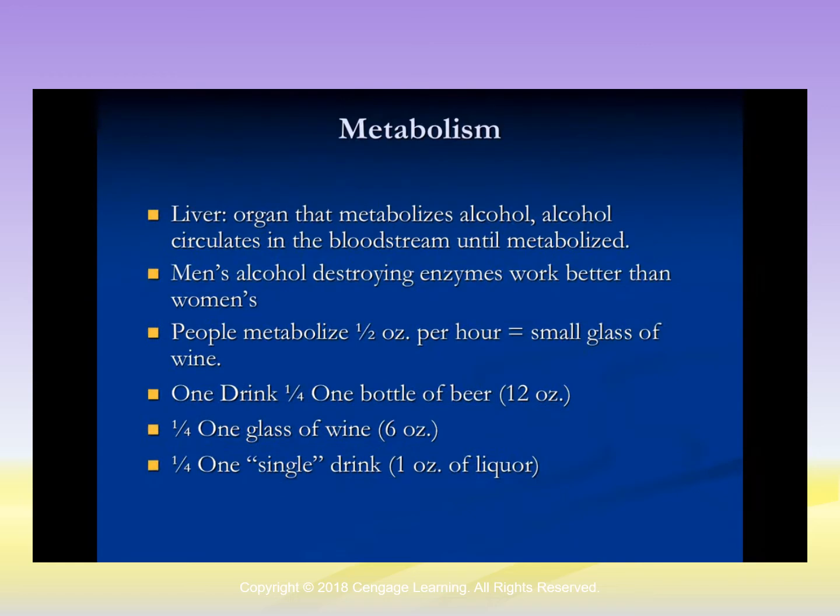So in general, we metabolize a half an ounce per hour, so like a small glass of wine. And a drink is not equal. Okay, so all of these we're looking at about 5.5 ABV content. So a drink would be a quarter of one bottle of beer, 12 ounces. Okay, one glass of wine, a single drink, an ounce of liquor, or some shot glasses are an ounce and a half.